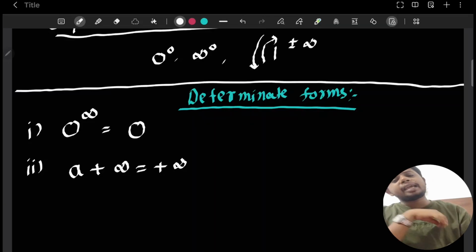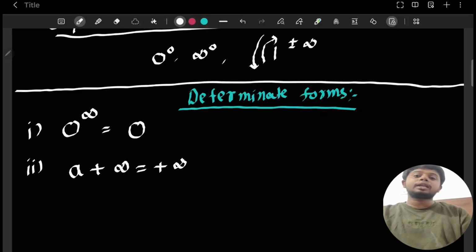You'll say, sir, I'll take a as minus 10 power 1 billion, if you want. Okay, I'll make that infinity by adding one more billion. That will again dominate, because infinity is larger than as large as possible. So what is the answer? Plus infinity. In fact, infinity is not a number, because infinity is a symbol, and that symbol will take larger and larger values.